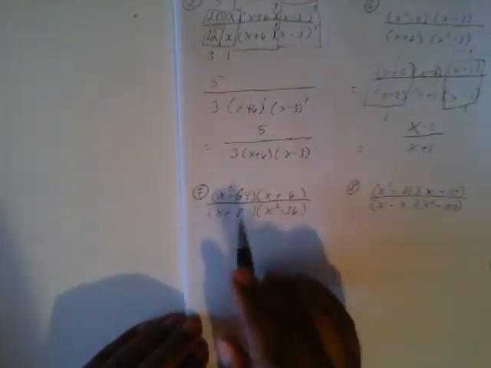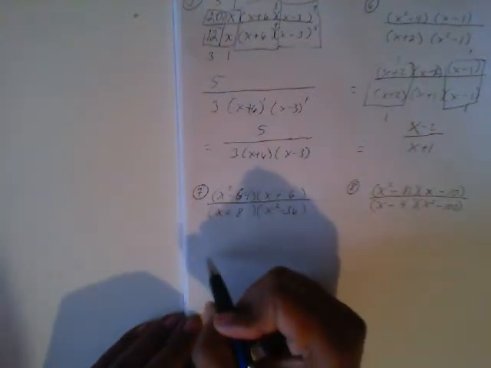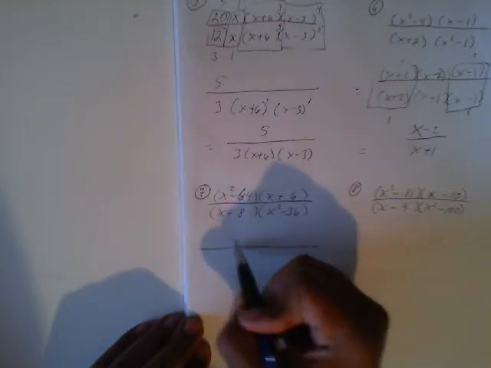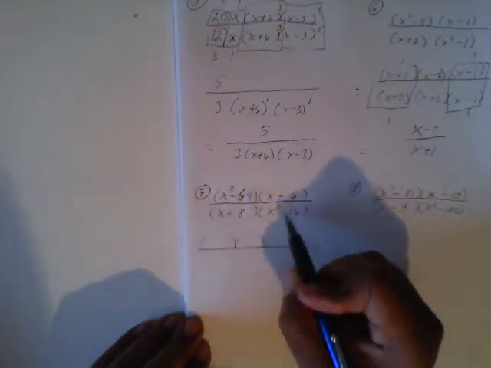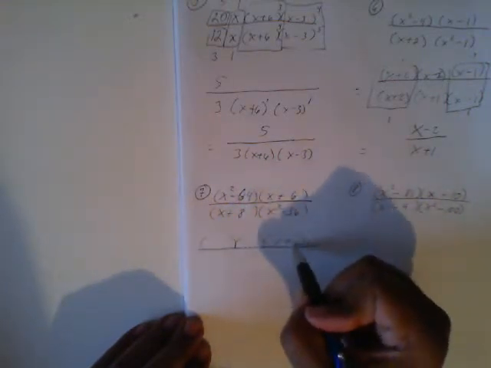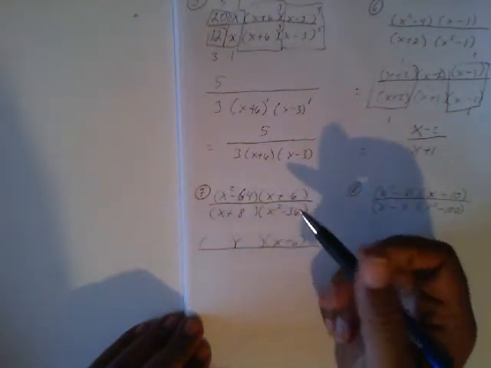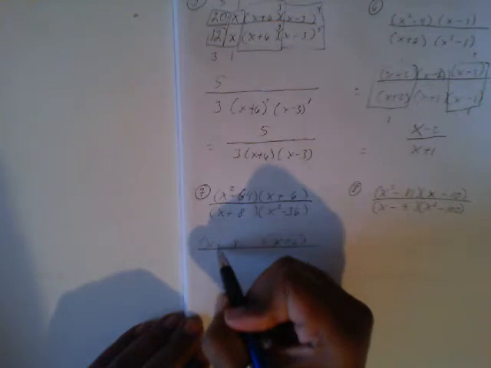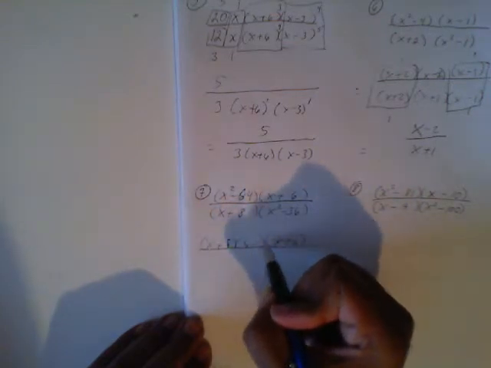Okay, this is a 64 here. So we have a difference of two squares, x squared minus 64, which will break into two binomials, and we have our x plus 6 factor still here. So x squared minus 64 breaks into x plus 8 and x minus 8.